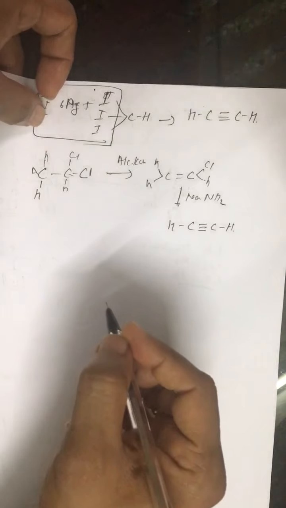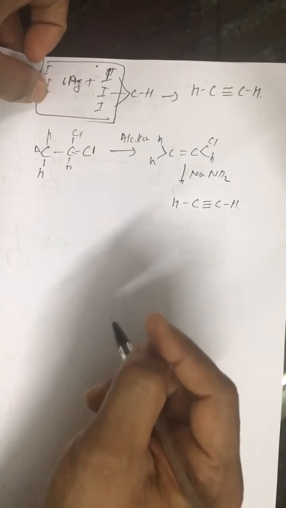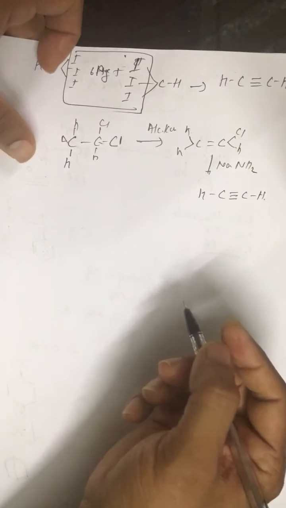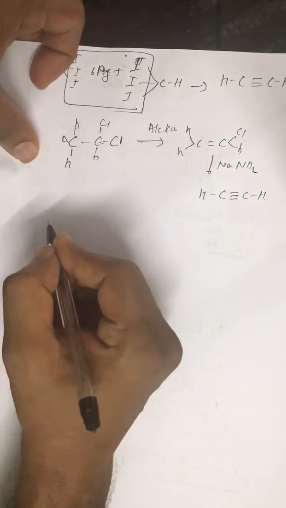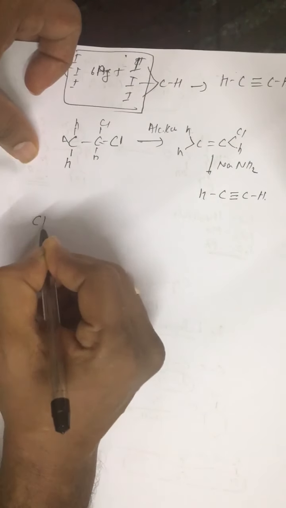So by these methods we can prepare alkynes. Alkenes and alkynes show electrophilic addition, and there is Markovnikov's addition.